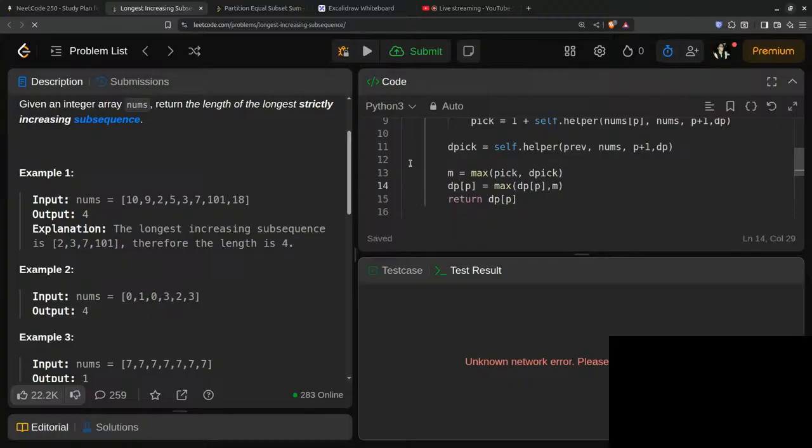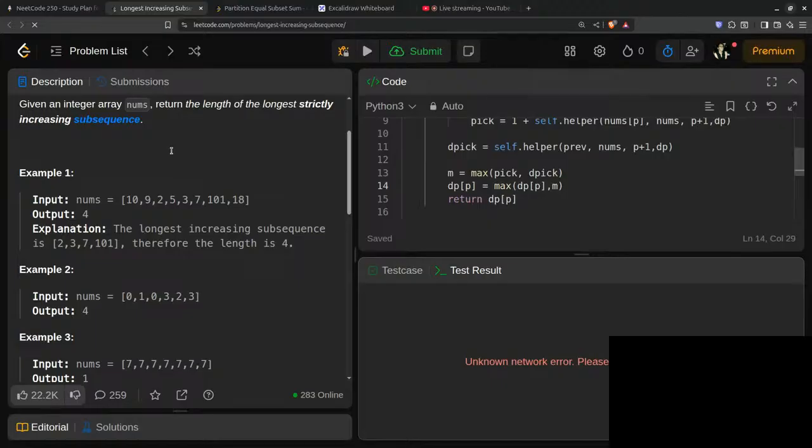Okay, let's try one example. If I put 9 here, I can put 9 here. Okay, let's see a smaller subset here. This only, let's say, becomes 101, comma 7, right?